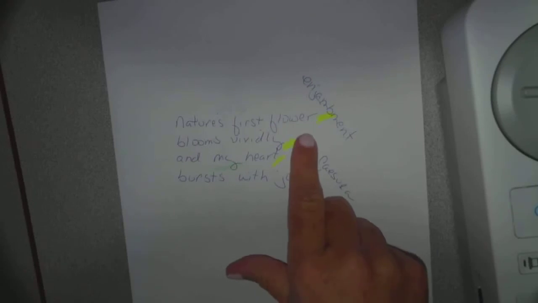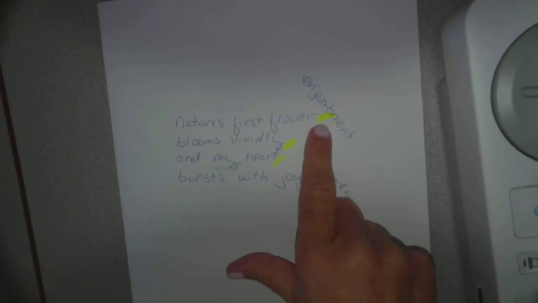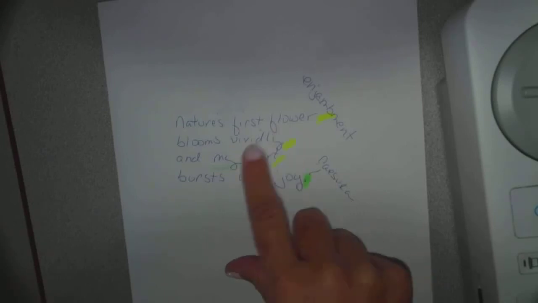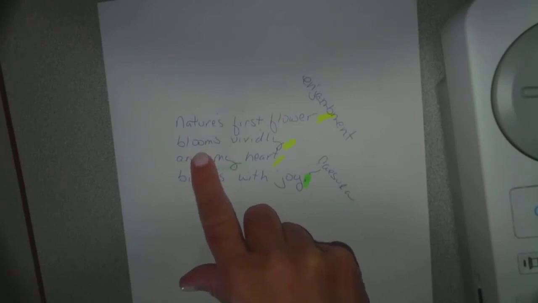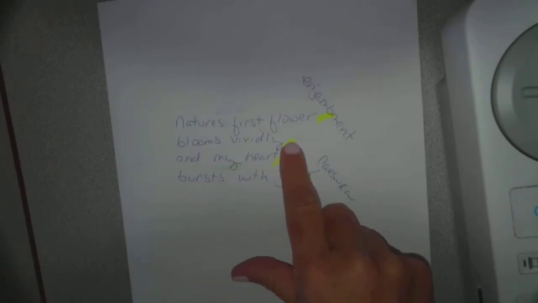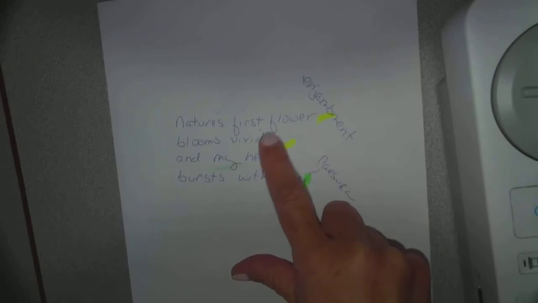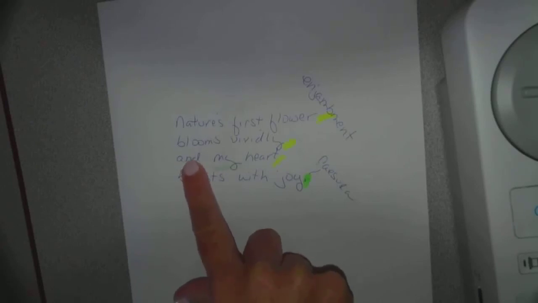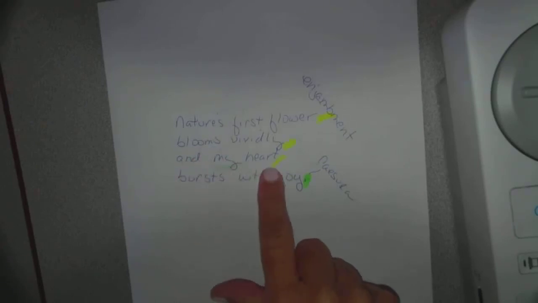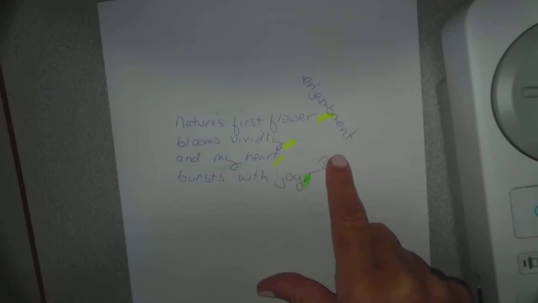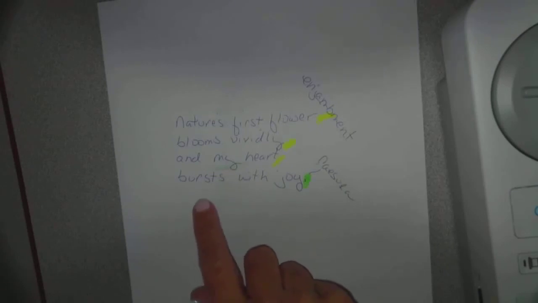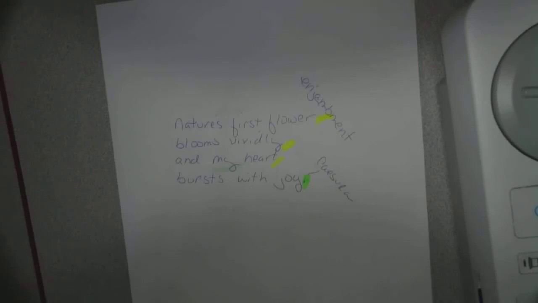If you said "Nature's first flower," period, we have to stop and we focus on what? Flower and what that means. The next line could say, "blooms vividly," period. What blooms vividly? The flower, do you see? Forget the "and" and just put, "my heart bursts," period. Then I would focus on the word burst, you see? And then you could put down the next one, "with joy," period.